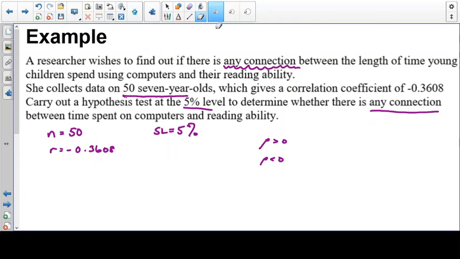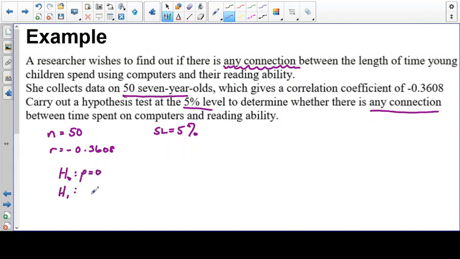In this case, it doesn't say explicitly either way. So this is an example where your alternative hypothesis is just not equal to. It's not saying either way, it's just looking for correlation. Because of this, you have a two-tailed test.